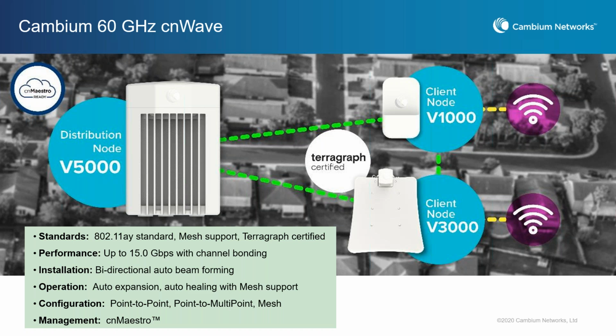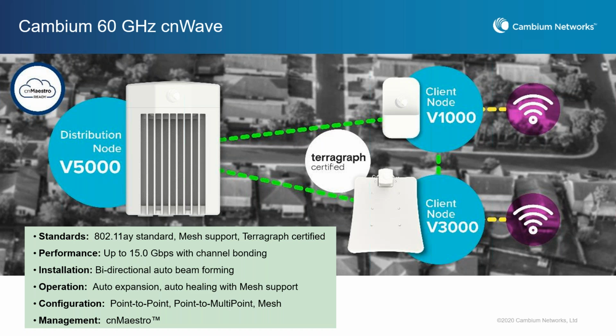We can serve up to 30 devices with the V5000. Out of these 30 devices, 4 of them could be DNs to form the mesh. There are 2 sectors of the radio, and when we connect the CN device, we have 2 different models as well. One model is the V1000, the mid-gain client node.